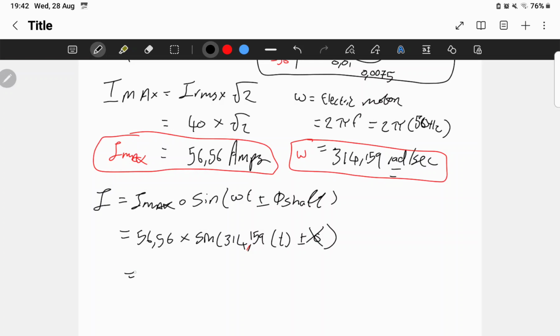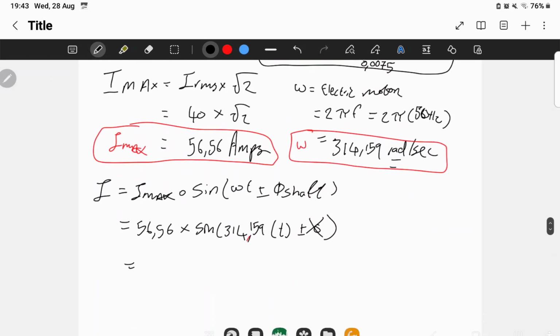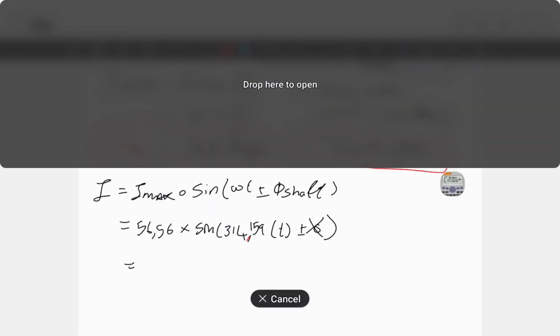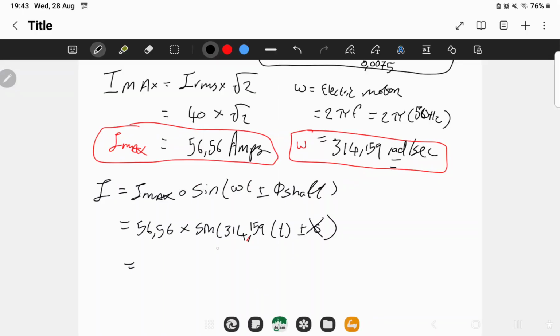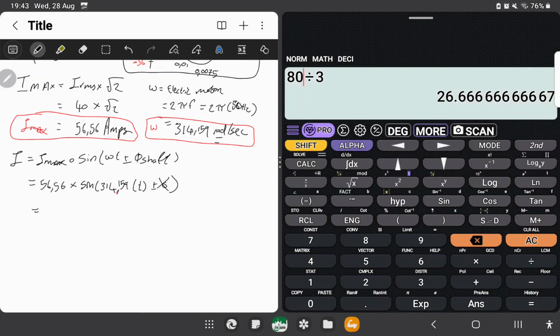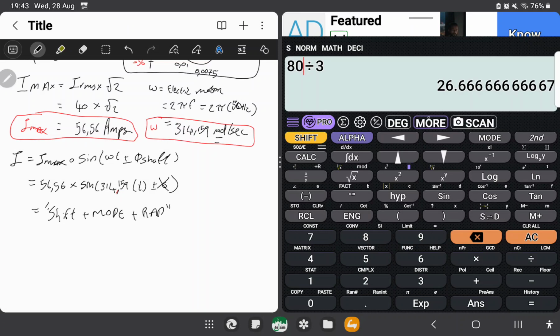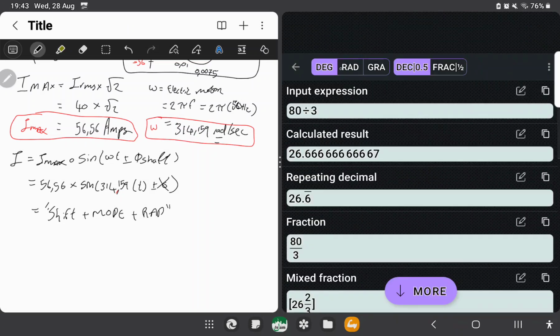Now you want to make sure that your calculator is in radians mode. Let me just get out my calculator. So I'll put my calculator over here. Now what you'll do is press shift, mode, and then radians.